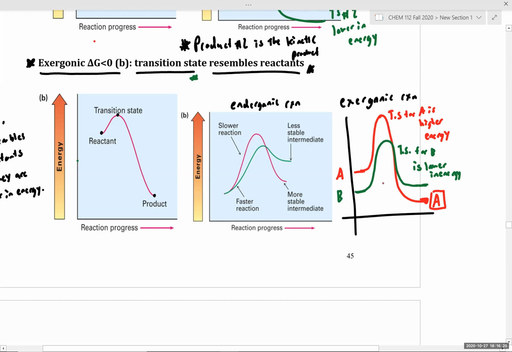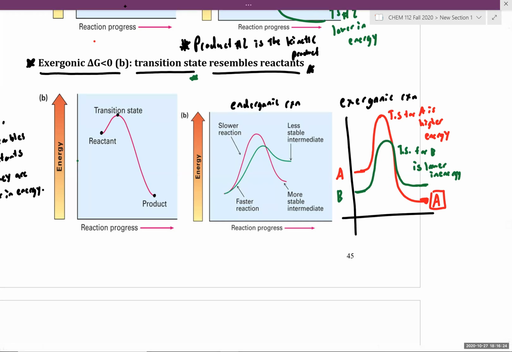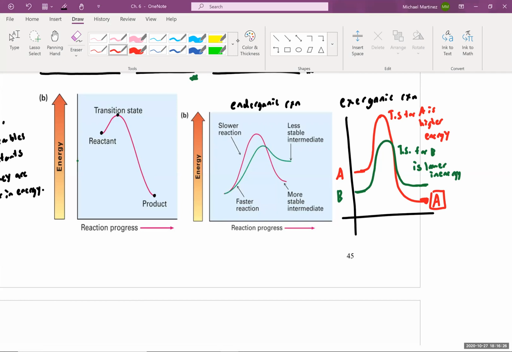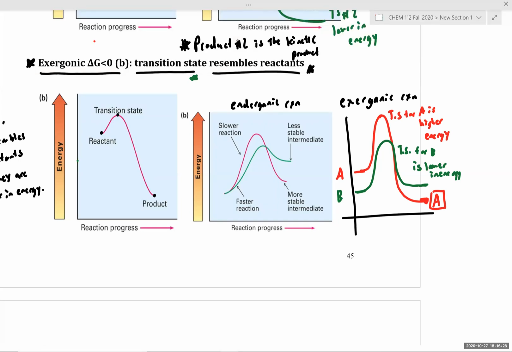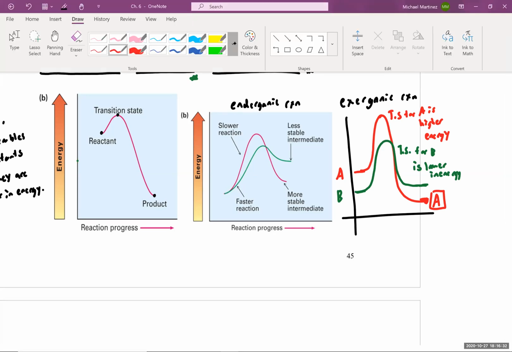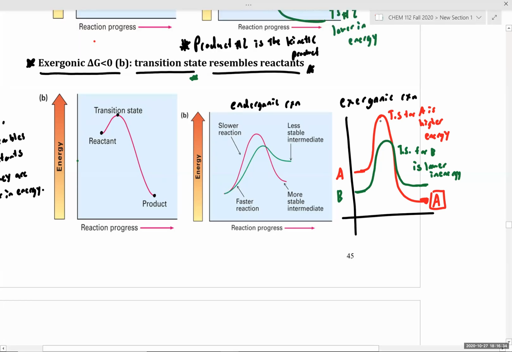So if we compare our activation energies, which of these reaction pathways has the larger activation energy?